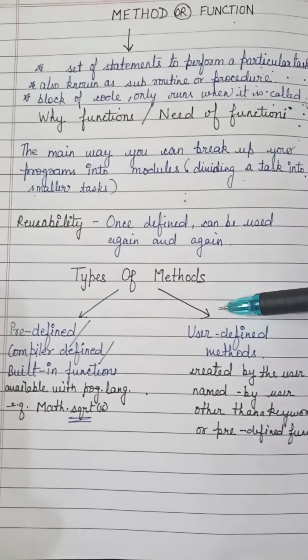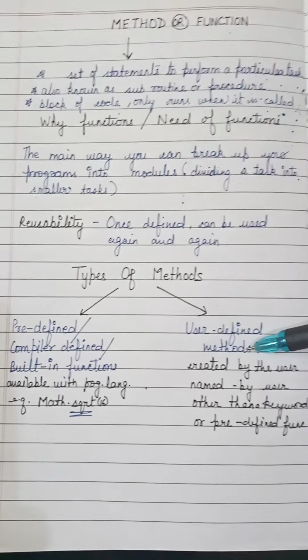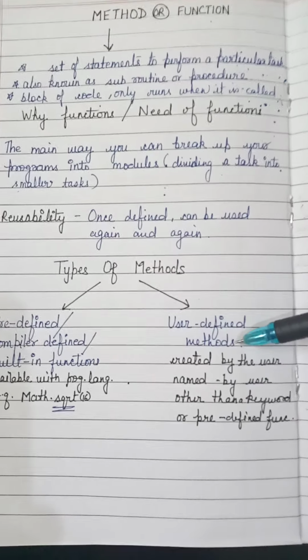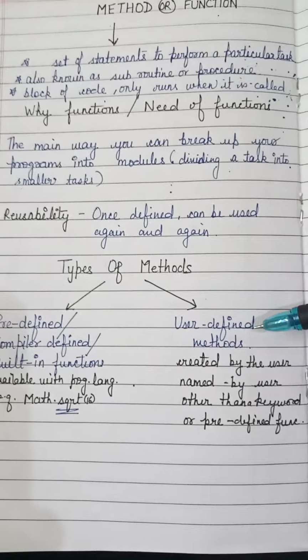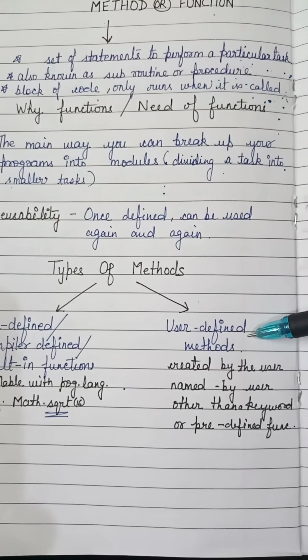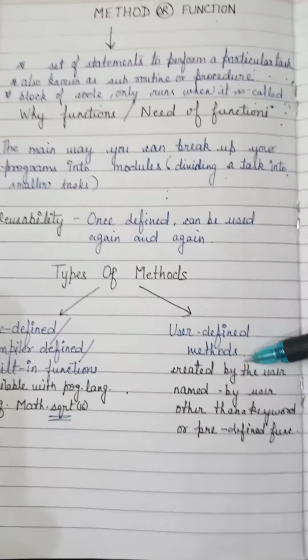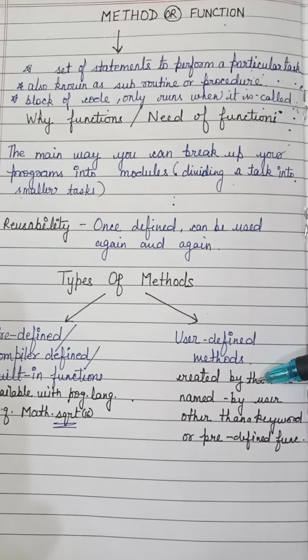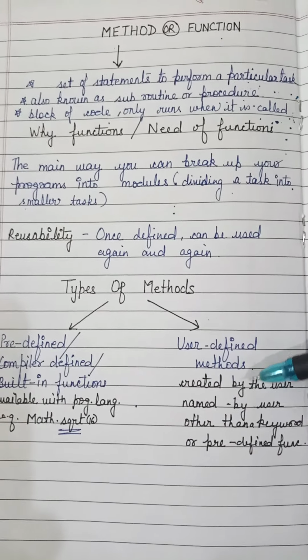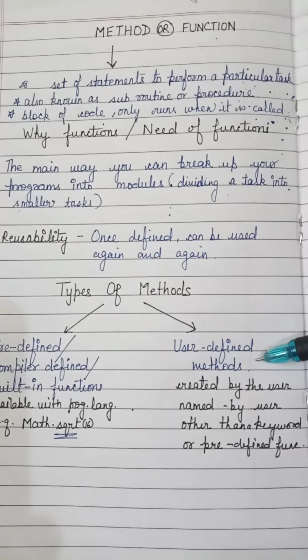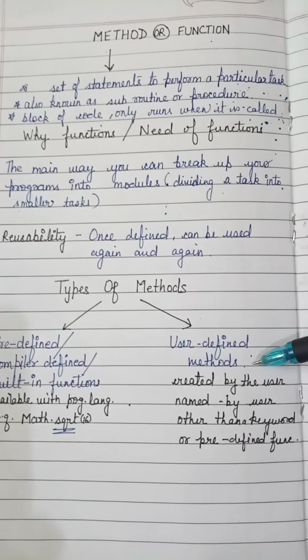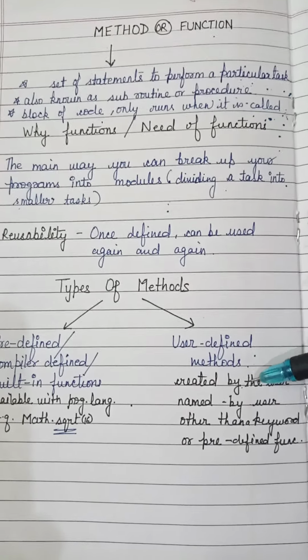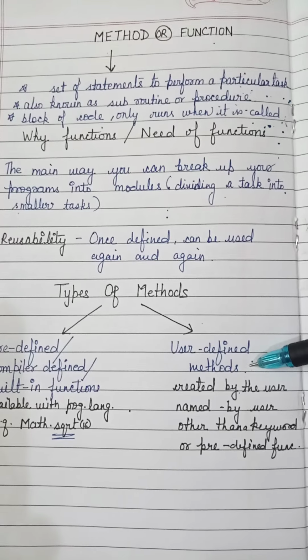Then the second category is user defined methods. These are the methods created by the user, named by the user. The name will be given by you if you are going to make a program. That means you are going to write a user defined method.